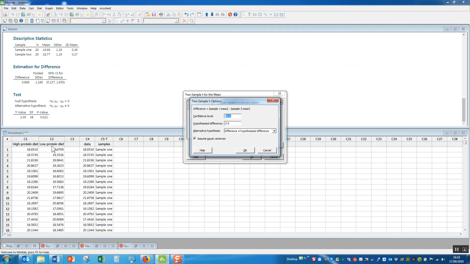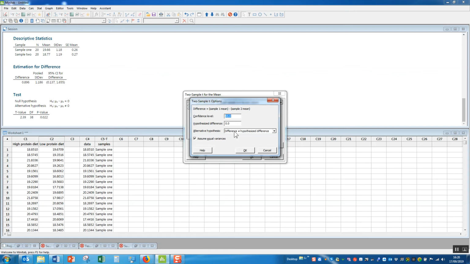I'm not interested if there is a significantly less weight gain. I'm only interested in showing that this higher protein has given a significant increase in the weight. To say that my high protein food gave significantly less weight gain would be of no interest to anybody who works in fish farming.